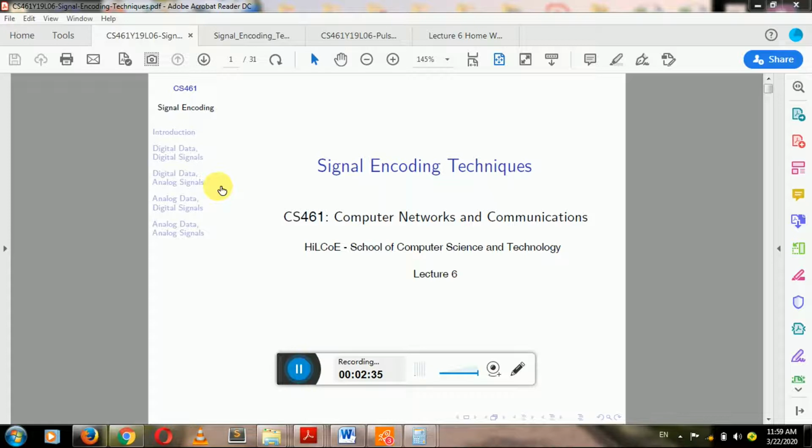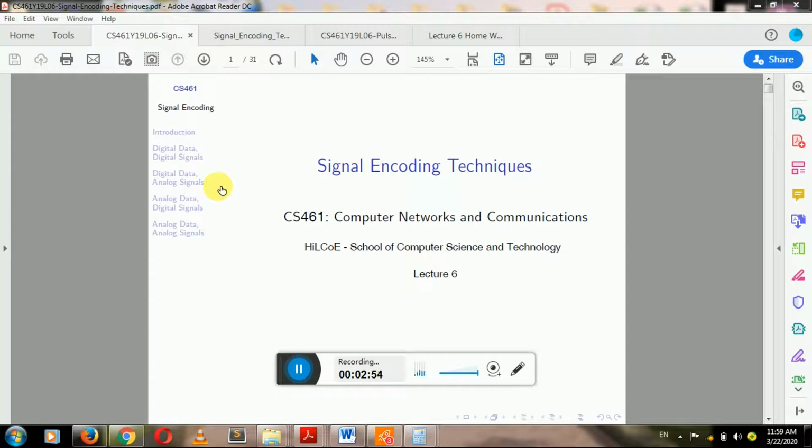When we say analog data, it's like audio, video, or other measured data that is continuously varying over time. Digital means discrete-valued signal, and analog means a continuously varying signal.